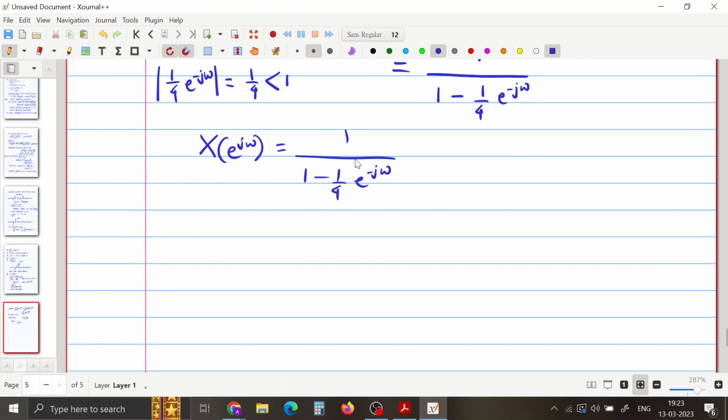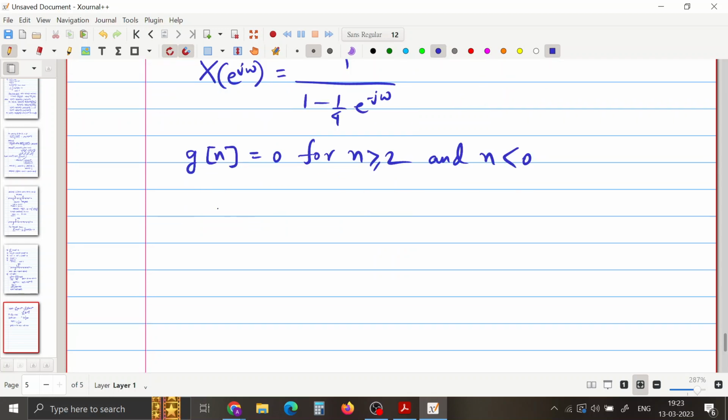For g of n, the output, we know that g of n is 0 for n greater than or equal to 2 and n less than 0. If we take the DTFT, this is simply the sum from minus infinity to infinity of g of n times e power minus j omega n.